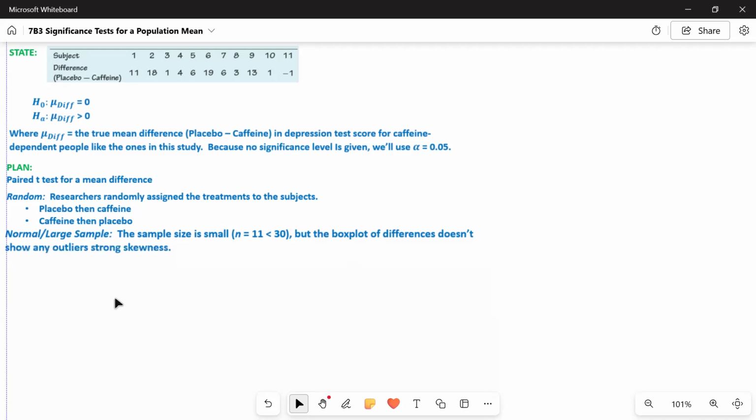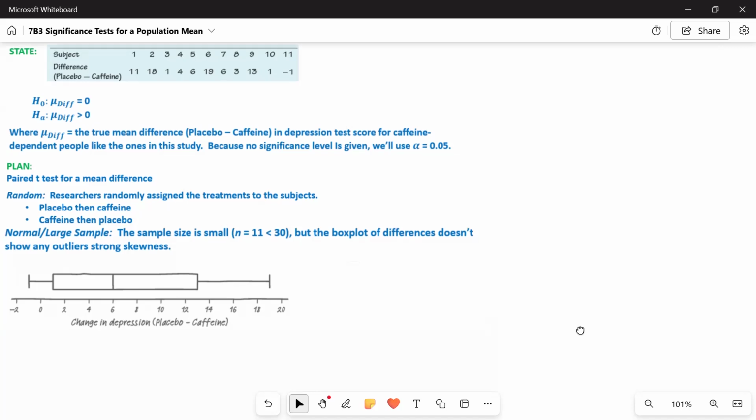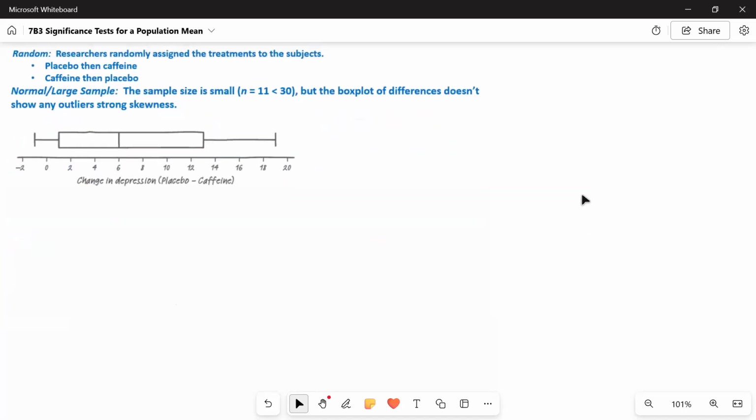But if we graph a dot plot of the differences, it doesn't show any strong skewness or outliers in the graph of the data. So the normal large sample condition is satisfied. And again, the 10% condition is not necessary here because we're not sampling without replacement from a finite population. We are doing random assignment to treatment groups.